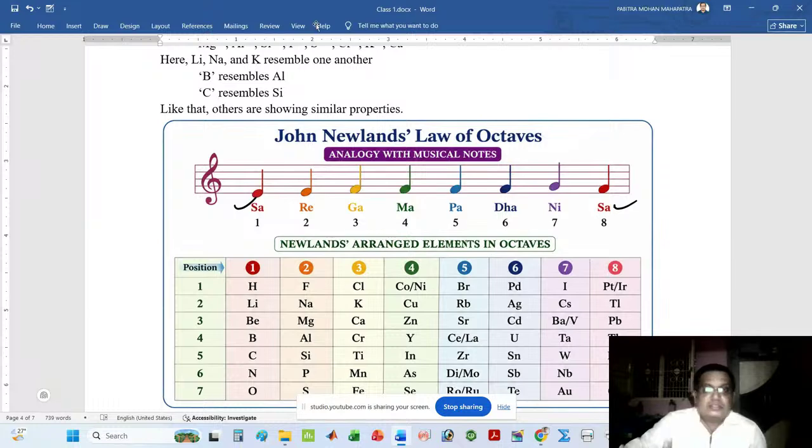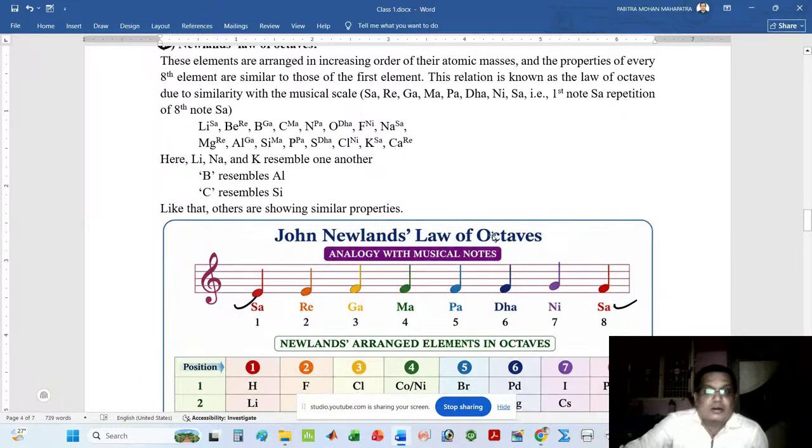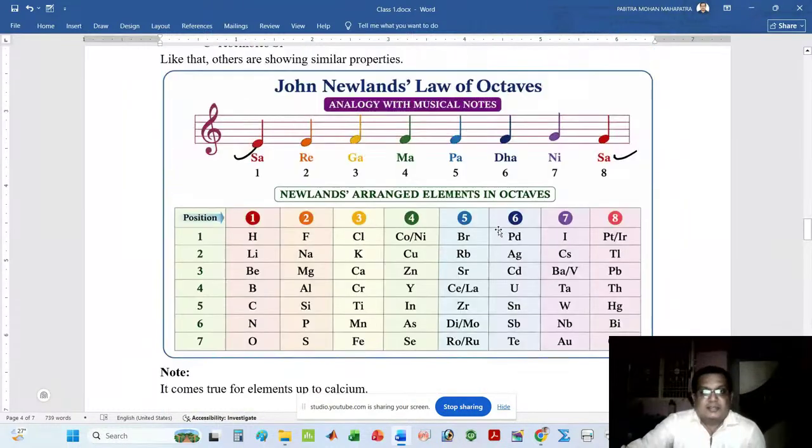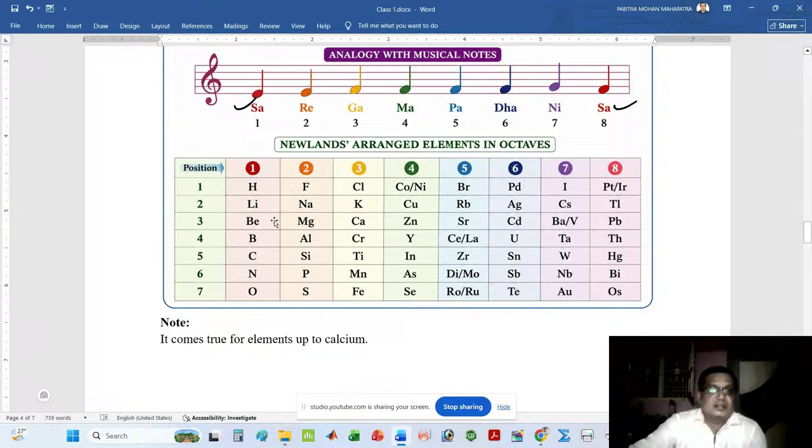This is said to be John Newlands' law of octaves. This is the classification of elements. Here some elements are given. He classified eight groups: first, second, third, fourth, like the musical notes.